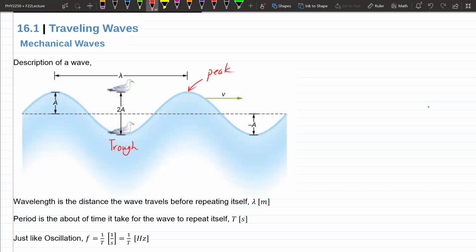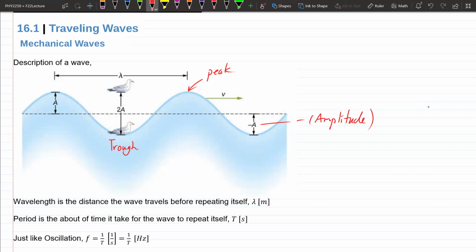Hopefully those make sense, peak versus trough. The distance from this equilibrium point is known as the amplitude. Here is the negative of the amplitude, but you get the sense of what the amplitude is. We heard about amplitude when we did oscillation, right?